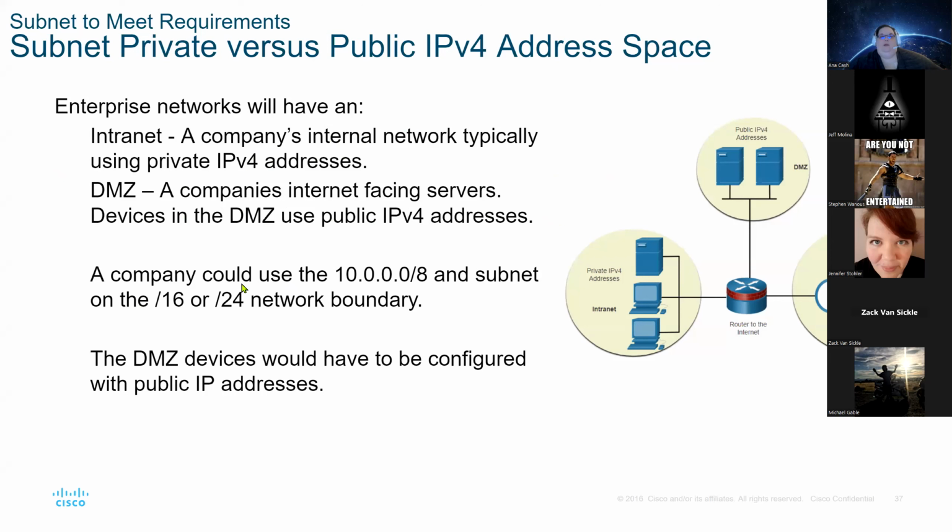A company could use the 10/8 and subnet, or the /16 or /24 network boundaries. The DMZ devices would have to be configured with public IP addresses. So mostly it's just knowing how you're going to subnet out in order to divide and subdivide up the chunks of the IP address ranges.